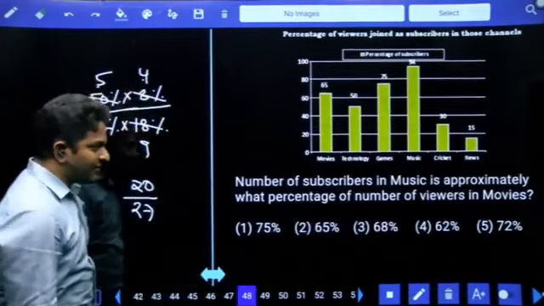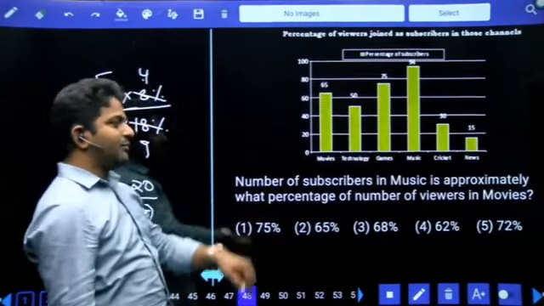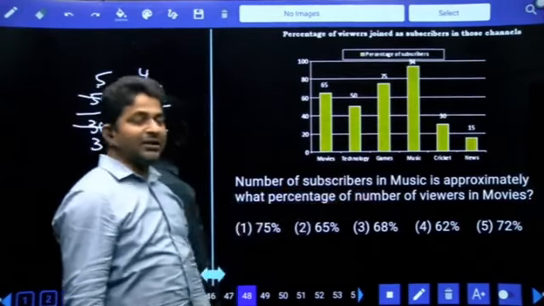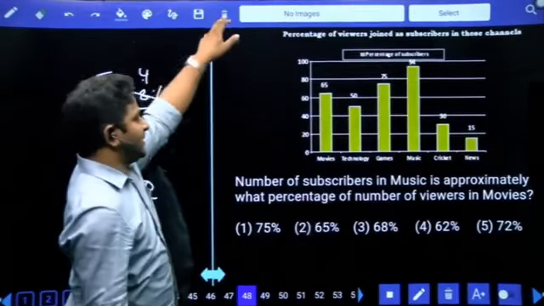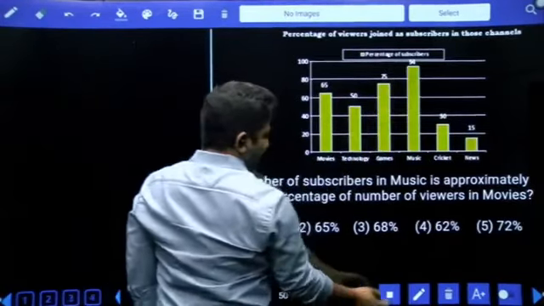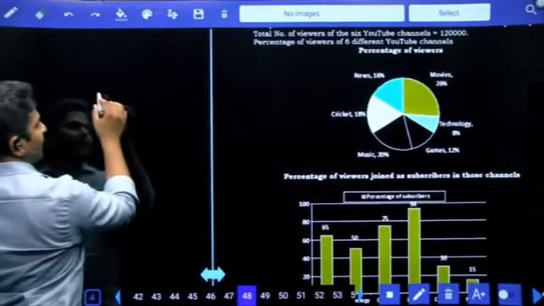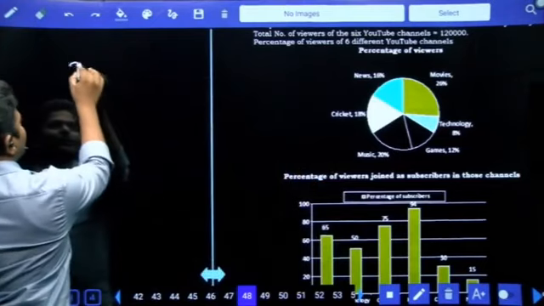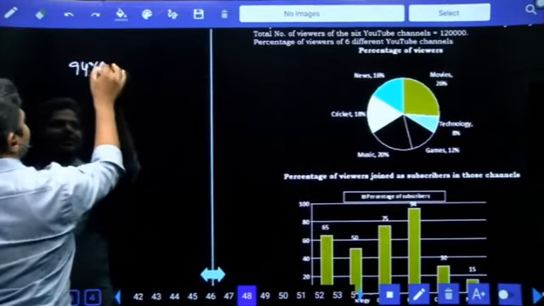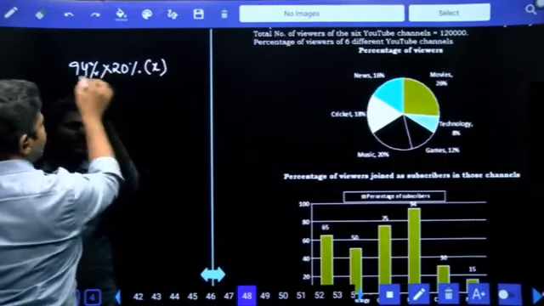Number of subscribers in music is approximately what percent of number of viewers in movies? One value they're talking about subscription, the other they're talking about viewers. Subscriptions in music. Music subscriptions are 94 percentage of 20. 94 percentage, let me write like this, of 20 percentage. 20% of what?